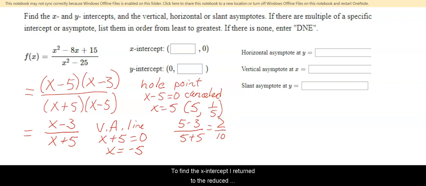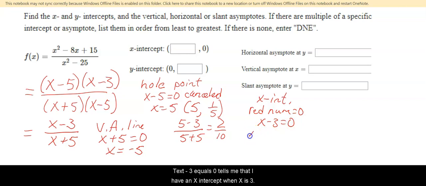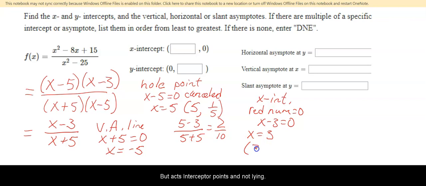To find the x-intercept, I return to the reduced fraction, take the factors from the reduced numerator, and set them equal to 0. X minus 3 equals 0 tells me that I have an x-intercept when x is 3, but x-intercepts are points and not lines.